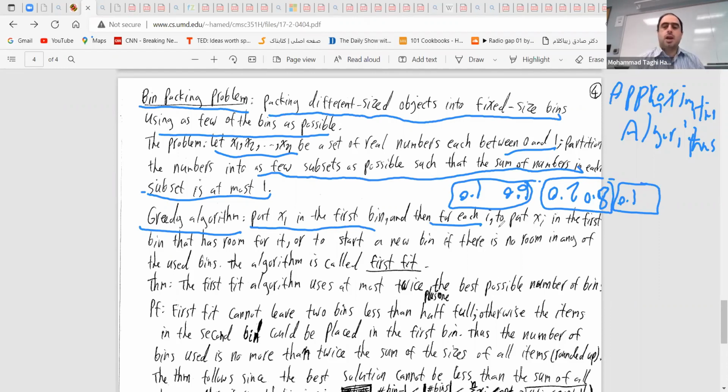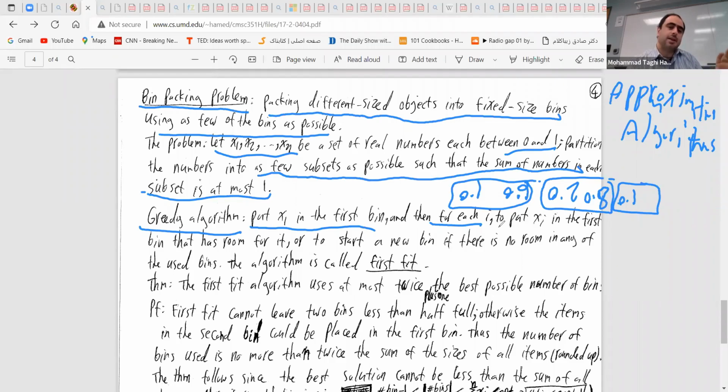It's a very natural algorithm. You consider the first item, put it in, then the next. If you can put it in an existing bin, you put it there; if not, open a new bin. This algorithm is called first fit.